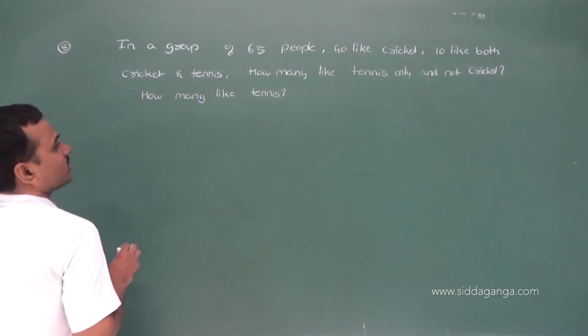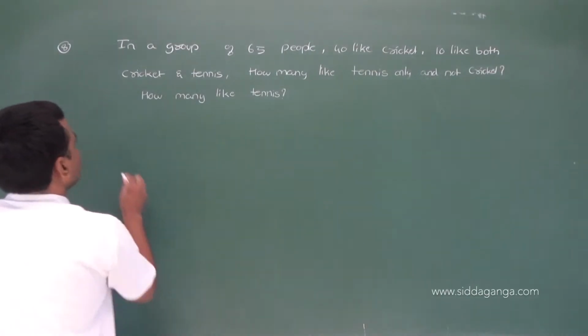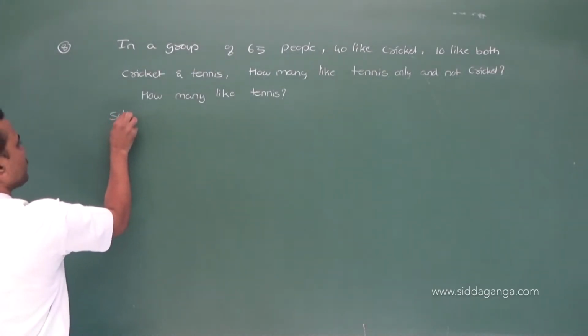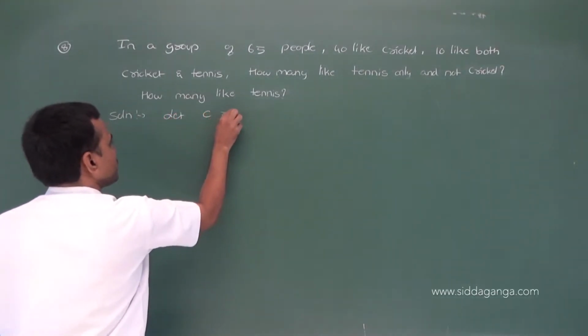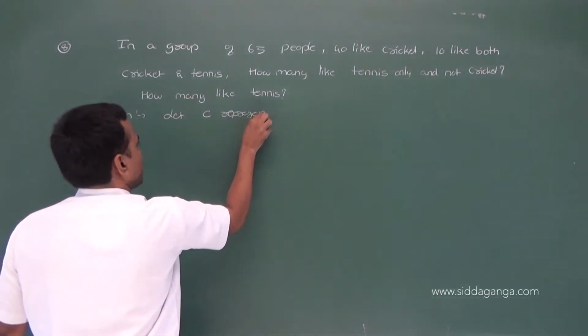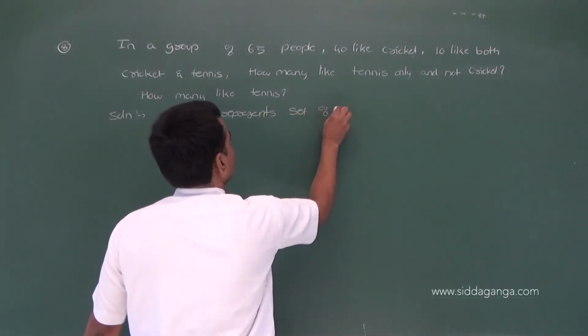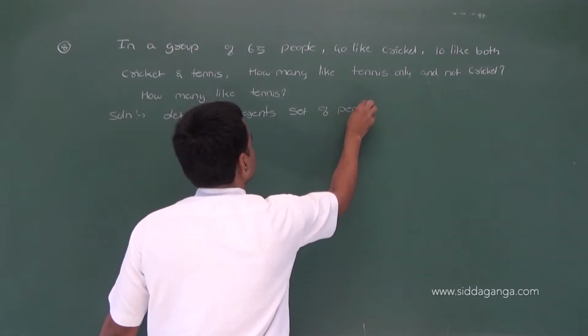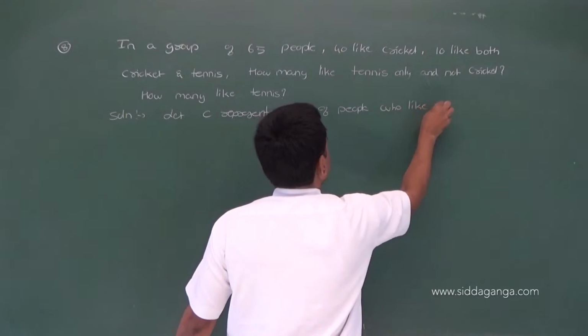So what we do, we represent the sets, C for cricket, T for tennis. Solution. Let C represent the set of people who like cricket.